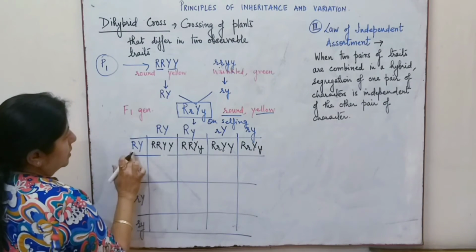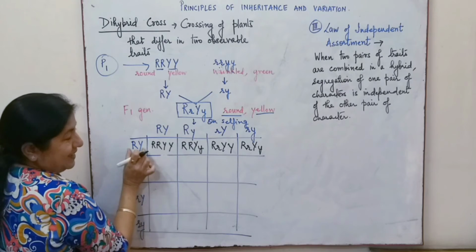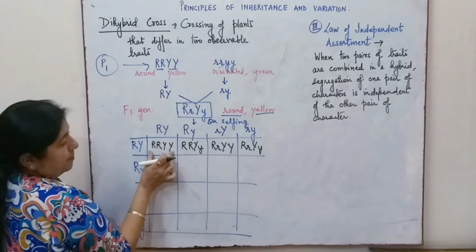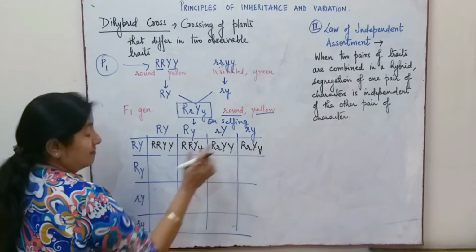now here what we are doing is taking the gametes on this side also and this side. So on combining we get this over here.